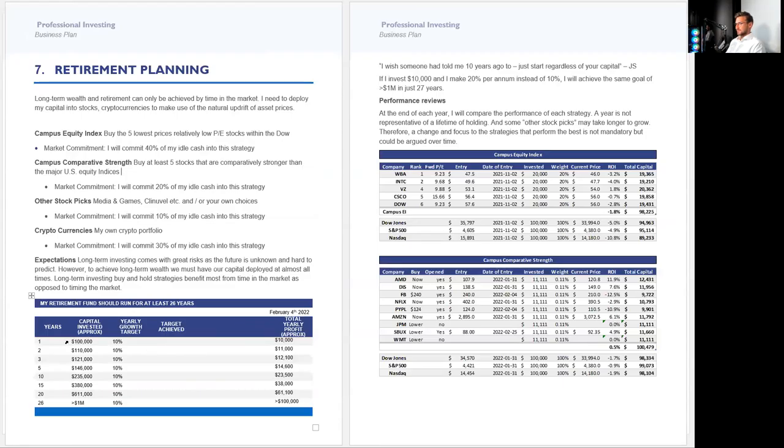But for example, if you took $100,000 and applied a 10% growth per annum, which is not Campus Equity Index, which is not Campus Comparative Strength, which is just the market itself, the S&P 500 or the Dow Jones, just going with the market without doing any other strategy, the average is 10%. So with 10% growth year on year, at year 10 you will have doubled your capital.